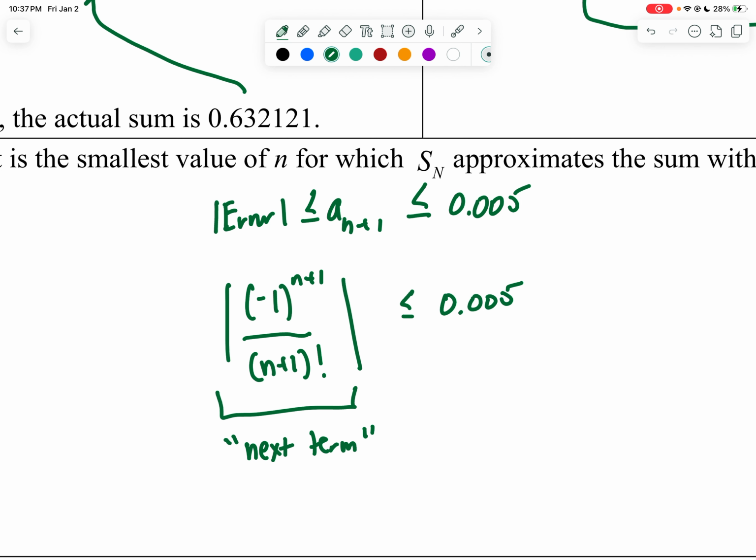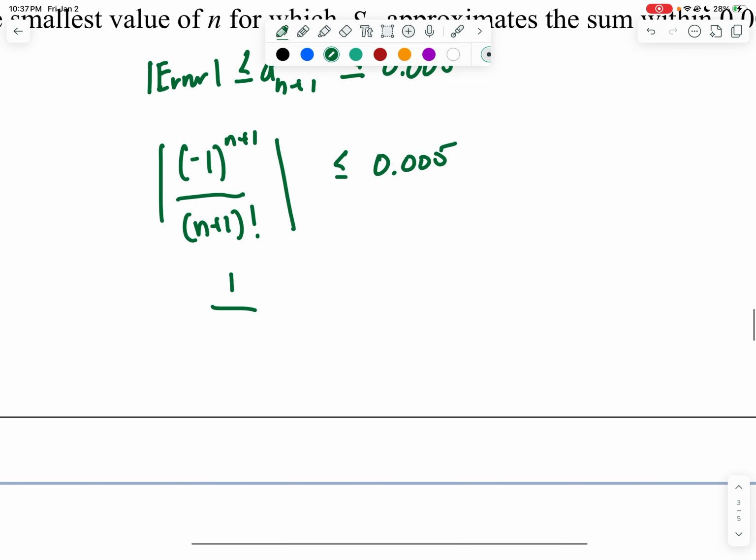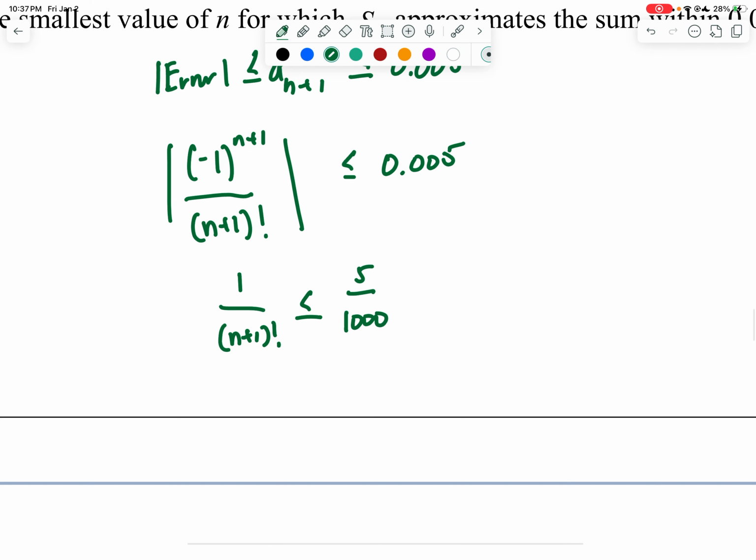I honestly do not really care about it because we are using absolute value. So I'm going to take that out. And then, because this is theoretically calculator inactive, I'm going to rewrite 0.005 as 5 over 1,000. Now I'm going to do some magic here.